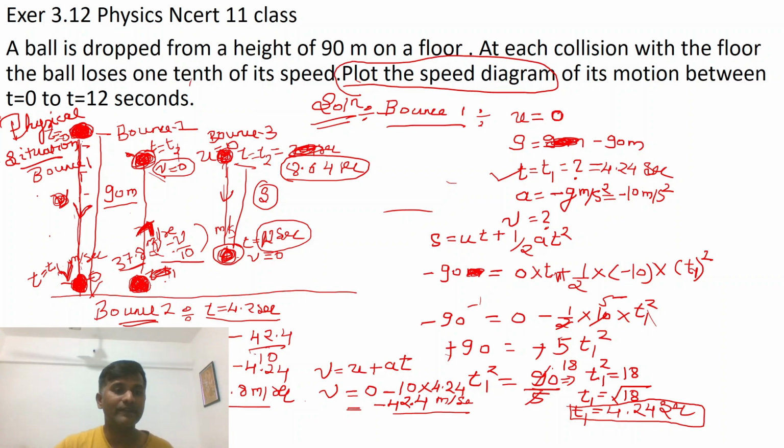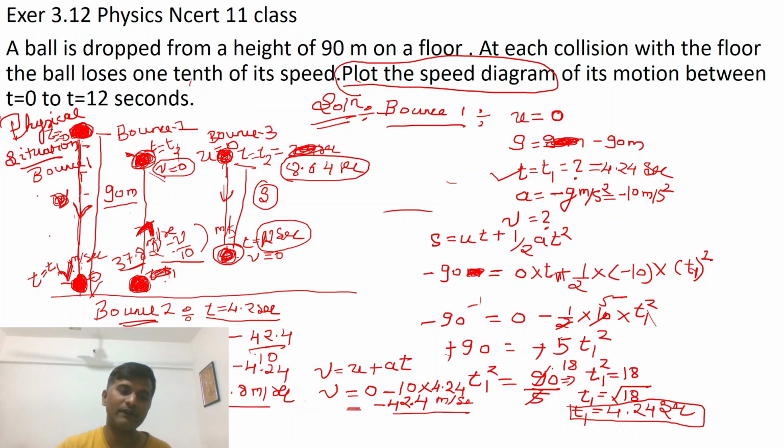So what I have done is I have divided it into three parts. In the first part, what happens? I am dropping the ball, it comes and strikes the floor. During this duration, it will gain velocity. So velocity will increase, and at the point before reaching the ground, it will have velocity v.